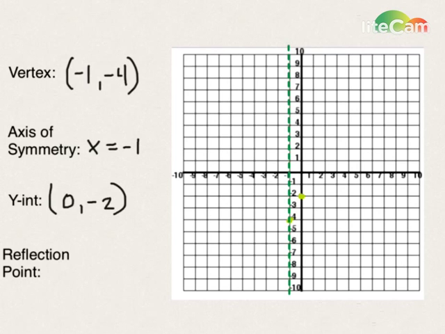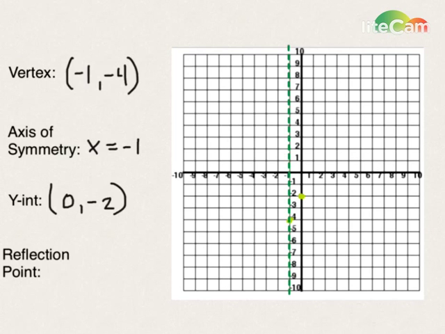So now I want to look at the reflection point. The reflection point is simply where the y-intercept is reflected across the axis of symmetry. So remember, the axis of symmetry is the darker green line that's dotted, and if the y-intercept is being reflected across the axis of symmetry, it's going to be going to the left.